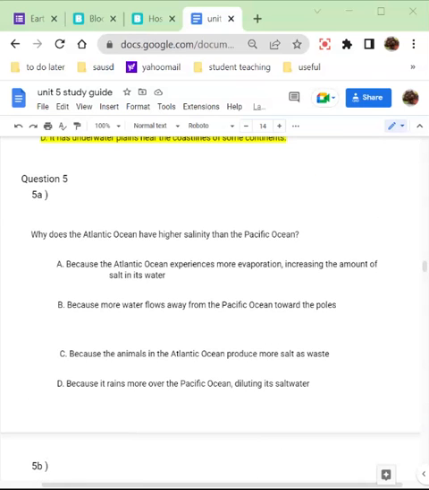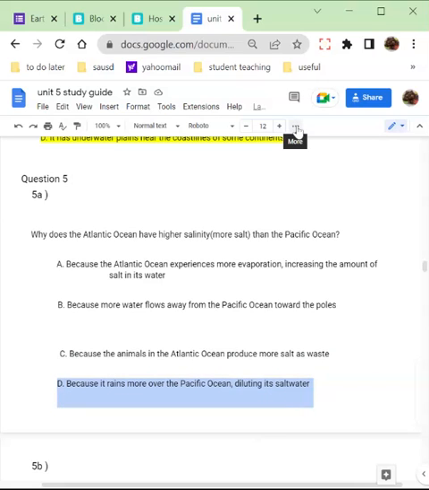Okay, so 5. We're almost halfway there. So why does the Atlantic Ocean have higher salinity? Salinity is just more salt. Over the Pacific Ocean, there's more rain.